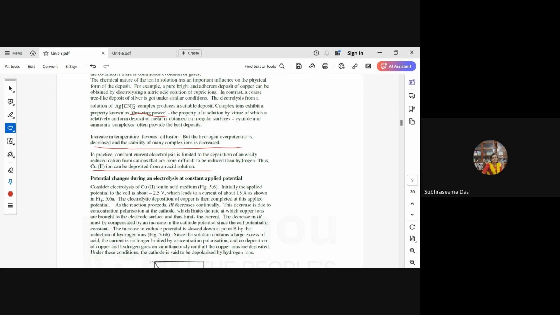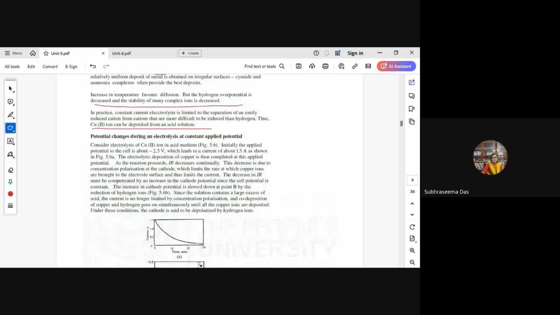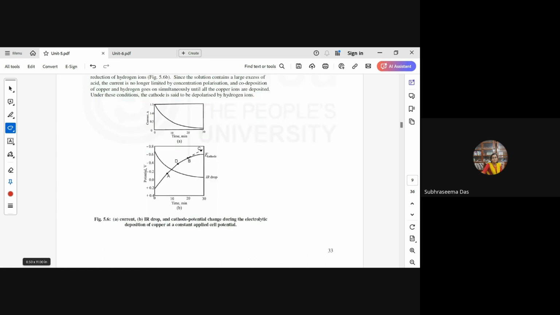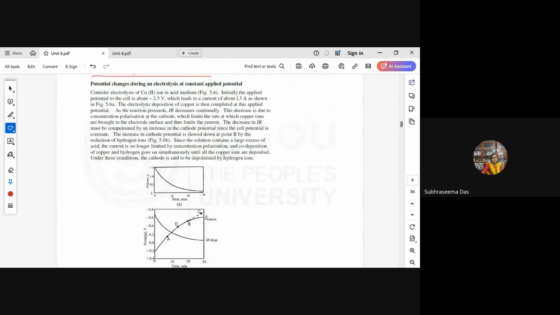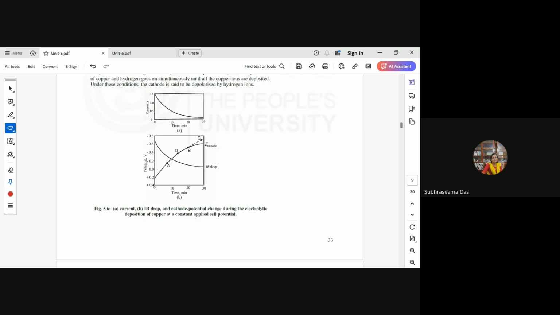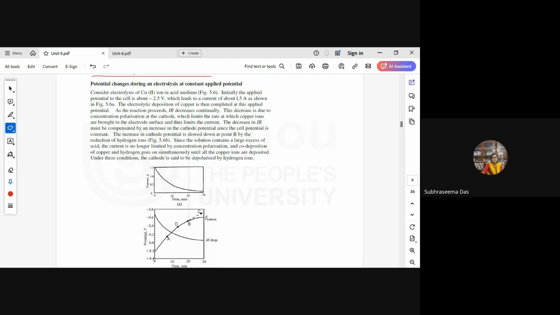Now, the potential changes during electrolysis, the electrolysis process that occurs at constant potential. This is the second case. As we look into figure 5.6, let us consider the electrolysis of copper. Initially, the applied potential which leads to current is shown in figure 5.6a, which represents the current-time plot.